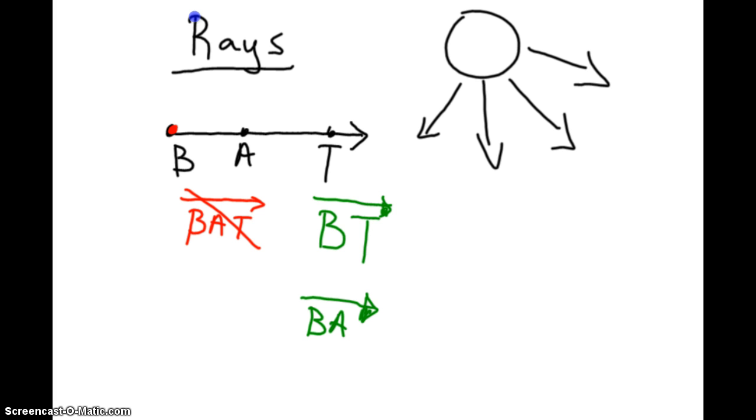Now, why am I starting again with B instead of going from TB or TA? The reason why, again, is because rays go in one direction, and you always start with the endpoint.